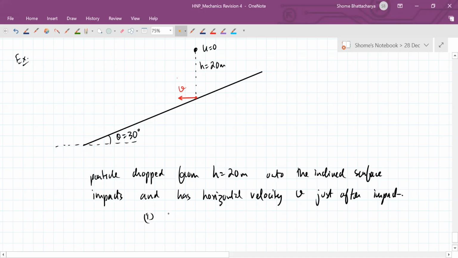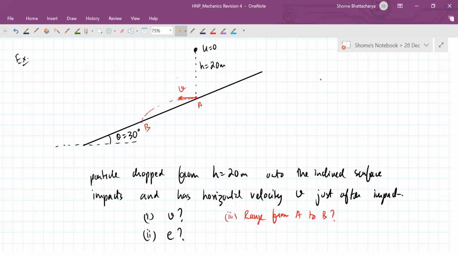So first find the value of v, then secondly find the coefficient of restitution, and then third we have to also find that as the particle goes like this, find the range from A to B. Take g as 10. So again, this is a very common type of application.